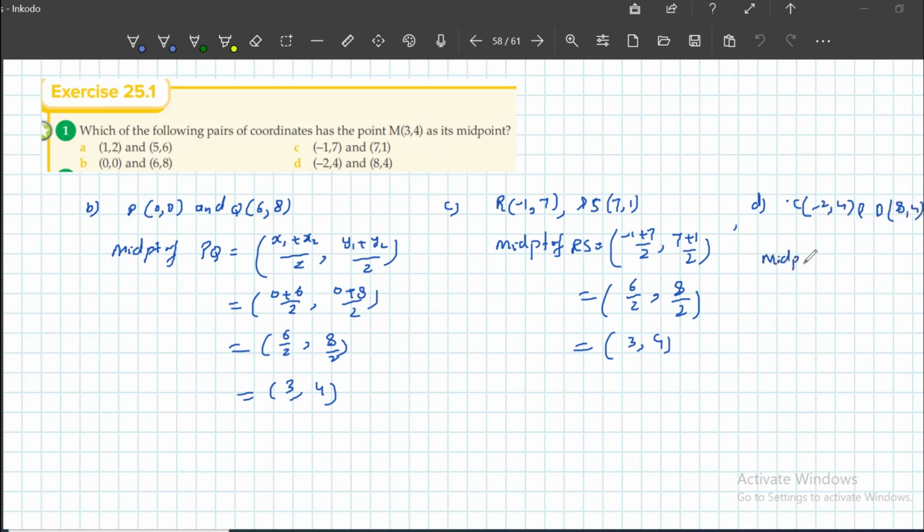So the midpoint of CD is -2 plus 8 over 2, and 4 plus 4 over 2, which is 6 over 2, 8 over 2. So we are getting 3, 4.